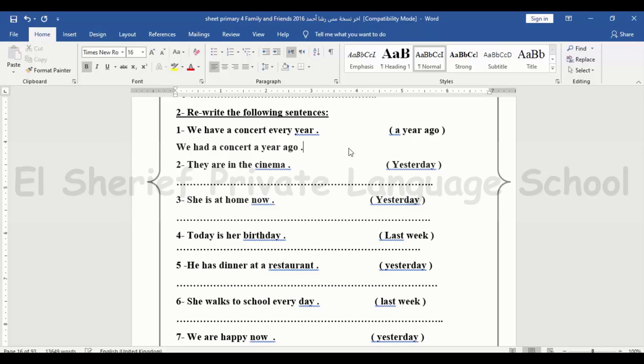Question number 2. They are in the cinema. Use yesterday. Yesterday starts with Y, and Y here is capital, not small. So we start with yesterday. Yesterday, they.